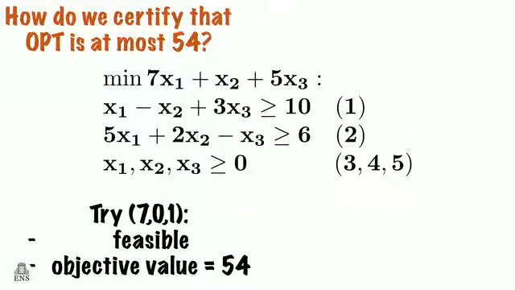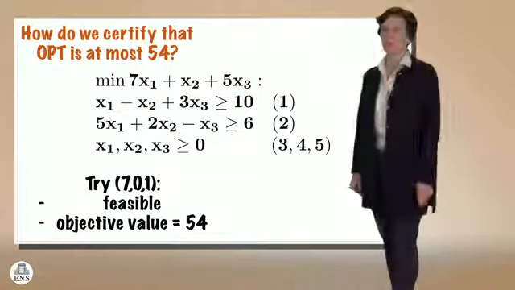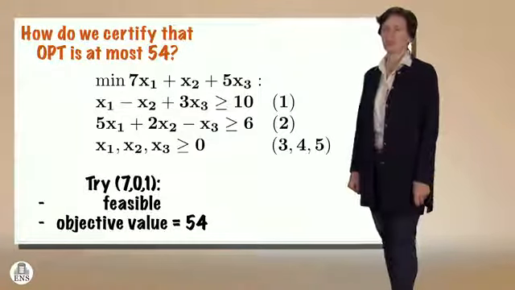Then x1 minus x2 plus 3x3 equals 7 minus 0 plus 3, that's 10. It is greater than or equal to 10. So the first constraint is satisfied. 5x1 plus 2x2 minus x3 is 35 plus 0 minus 1. That's 34.